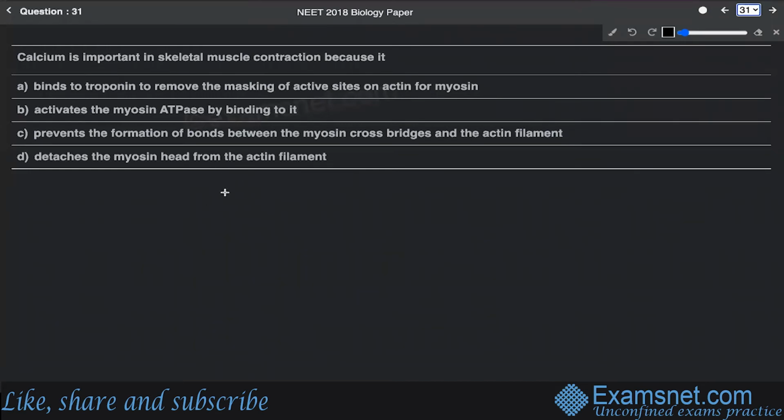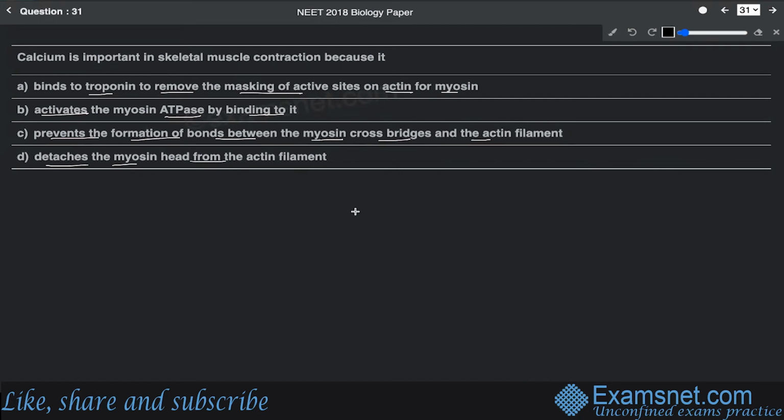Now, question number 31. This question says that calcium is important in skeletal muscle contraction because it, option A, binds to troponin to remove the masking of active sites on actin for myosin, activates the myosin ATPase by binding to it, prevents the formation of bonds between the myosin cross bridges and the actin filament, and detaches the myosin head from the actin filament.